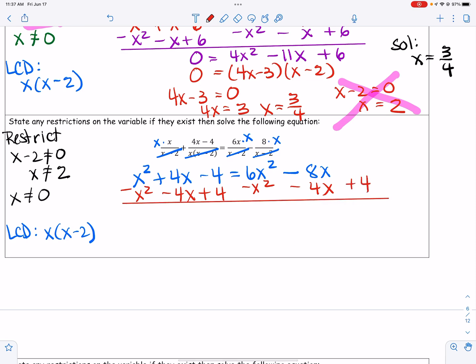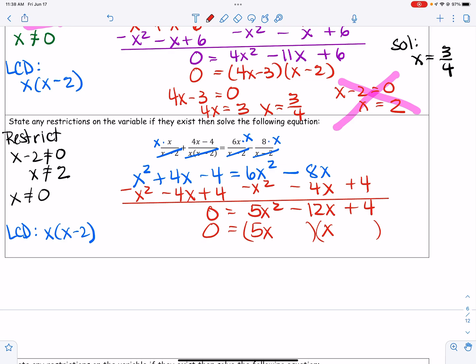So now I have 0 is equal to 5x squared. That's going to be negative 12x, and that's going to be plus 4. So I'm looking for factors. Well, I'm going to do this one by trial and error, guys. You can certainly do your box, but I know the only way to make 5x squared is 5x times x.